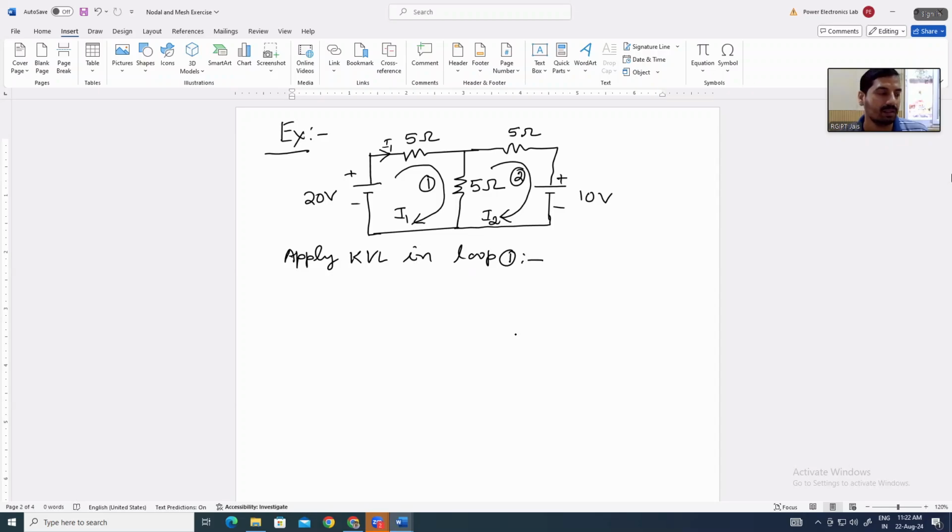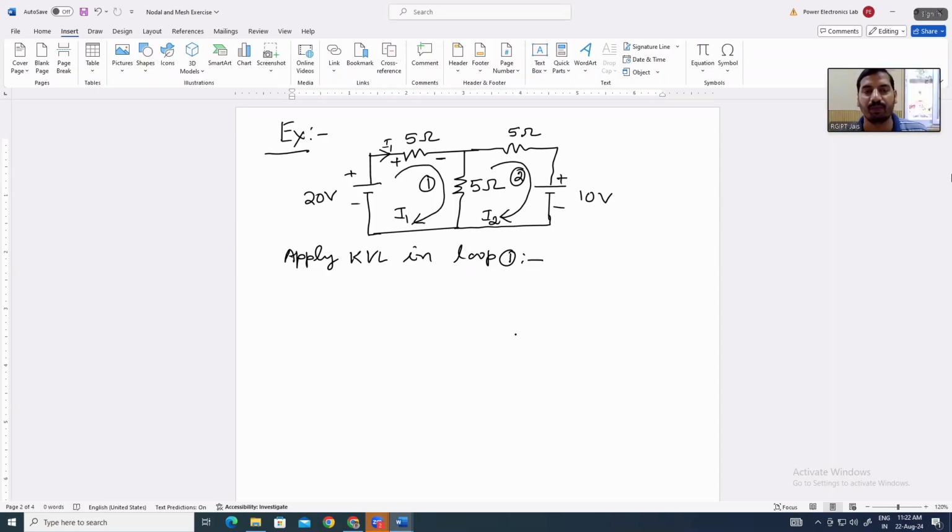So what will be the polarity of that voltage drop? Where will plus be? Plus will be here and minus will be here, right?